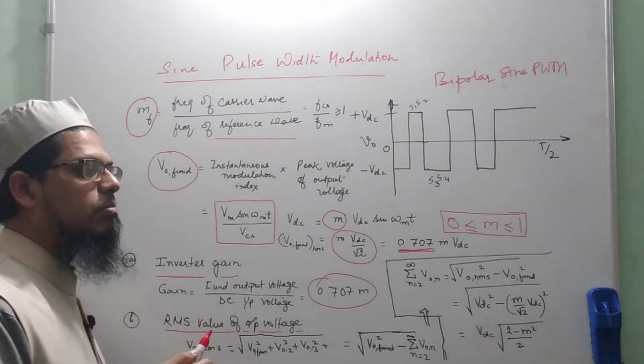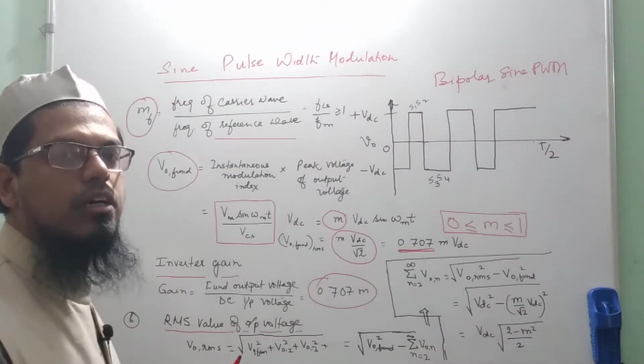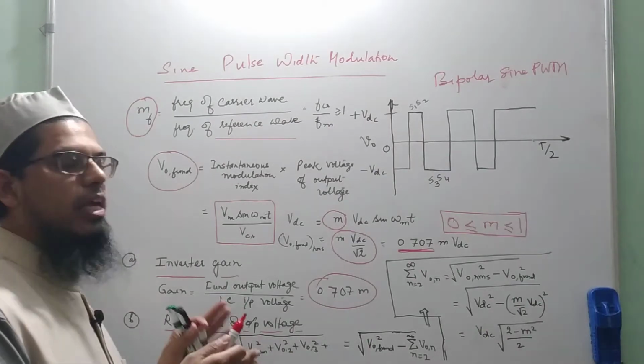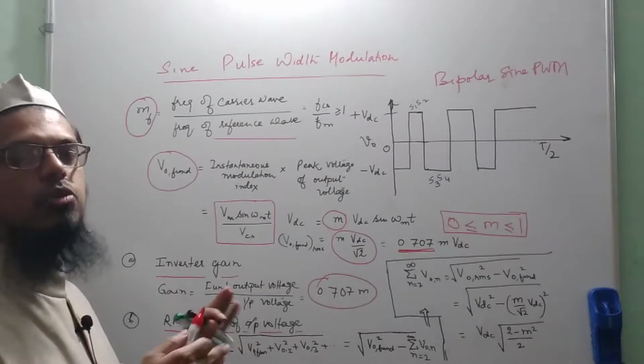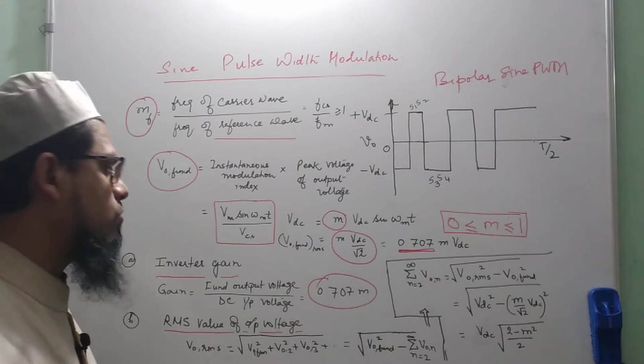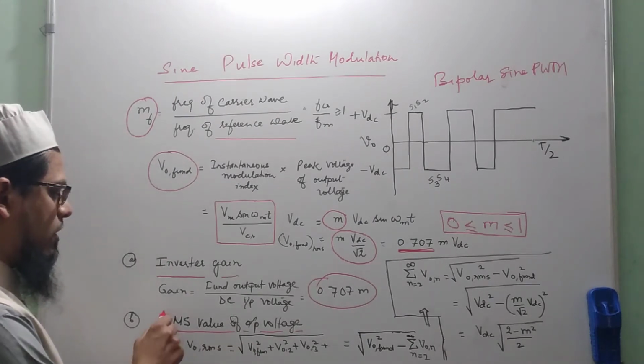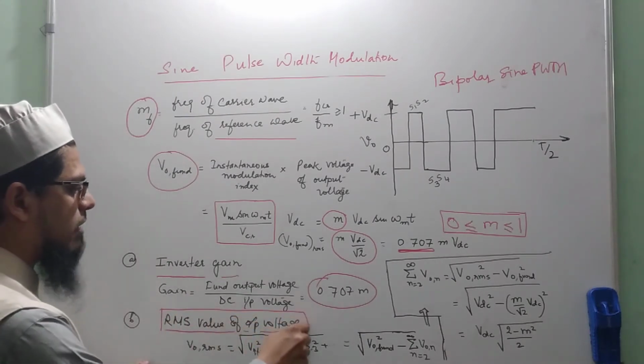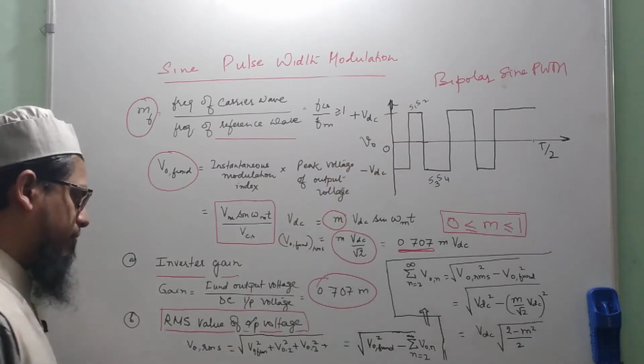This will help us to calculate terms like distortion factor, harmonic factor and total harmonic distortion. I will tell you how this RMS value of the output voltage can be determined for this particular wave.